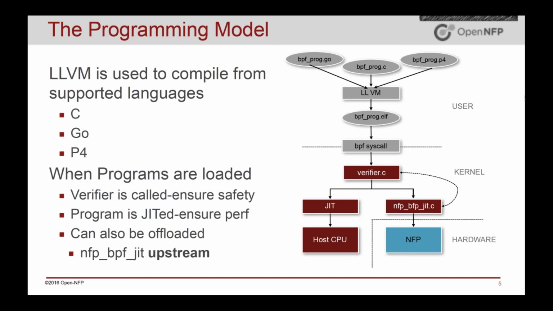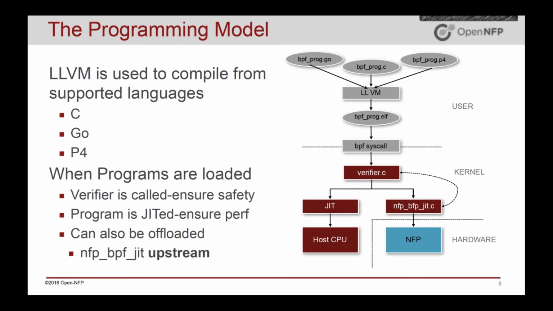And these will get compiled by LLVM into an ELF file. Then when you load the BPF program, which is something we will look at later, the program goes through the verifier, which ensures the safety of the program, and then you either have it jittered and it sits within the host CPU, in which case you get very good performance, or, what we've upstreamed here at Netronome, the NFP BPF JIT.